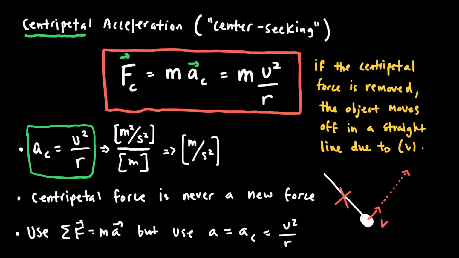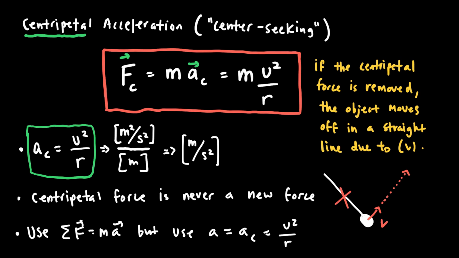As I said, for centripetal acceleration problems, we're very often going to be invoking Newton's second law, F equals ma, to solve problems. But we also need to remember that the a in that equation, where the object is moving in a circle, needs to be replaced not with some generic acceleration, but specifically with a centripetal acceleration equal to v squared over r.